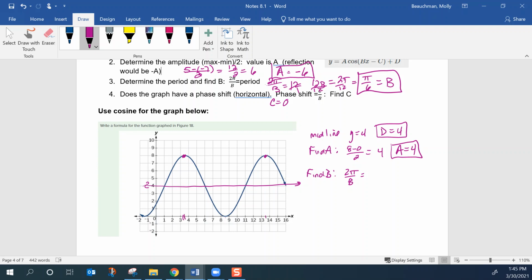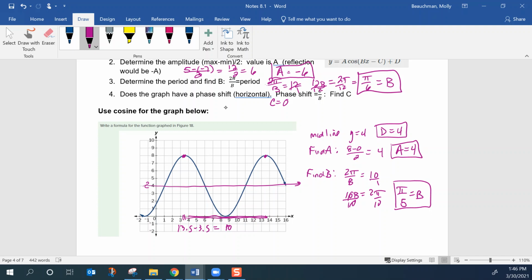So the period is 10, taking 13.5 minus 3.5. So 2 pi over b would equal 10, the period. Then cross multiply: 10 times b is equal to 2 pi. Divide both sides by 10. So b is equal to pi over 5.